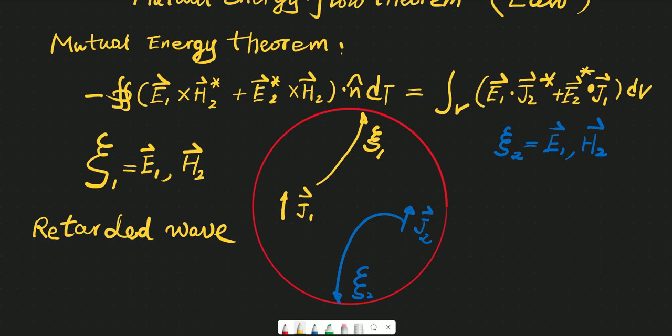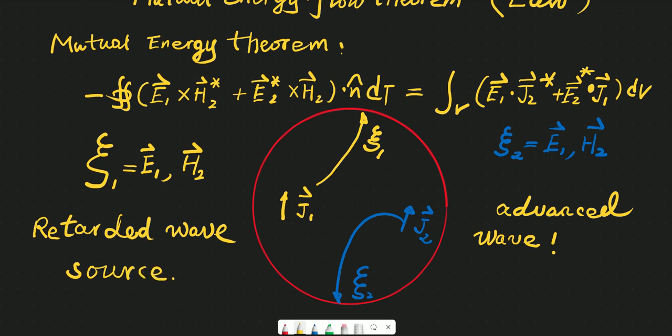This is the advanced wave. So this is the source and this is the sink.